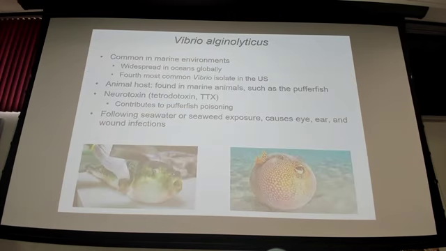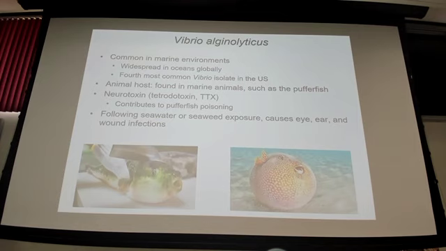The last one to talk about is Vibrio alginolyticus, also common in marine environments, with widespread distribution. You do see it in the United States as well. It has an interesting association with pufferfish. If you've ever heard about the use of pufferfish in culinary applications and the dangers of tetrodotoxin ingestion, chefs, particularly sushi chefs who are working with pufferfish, have to be very careful about which organs they are working around when they're preparing these fish, because this bacteria can concentrate in some of those organs, particularly the liver.